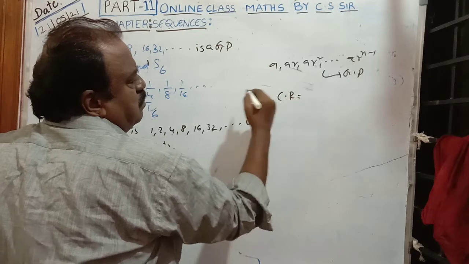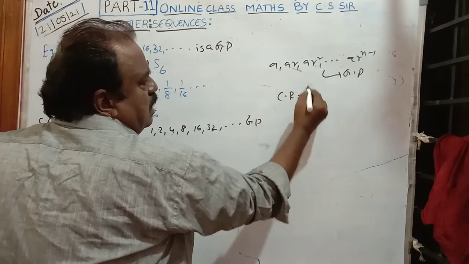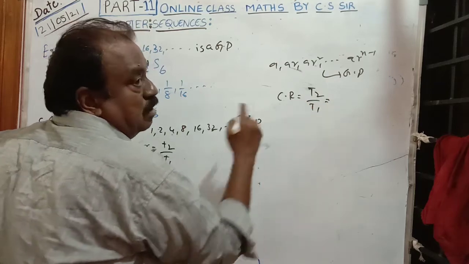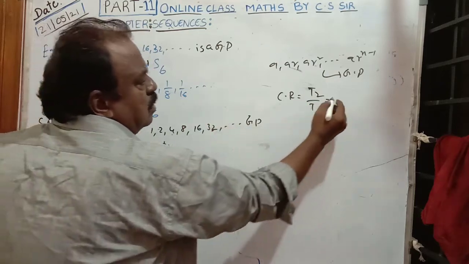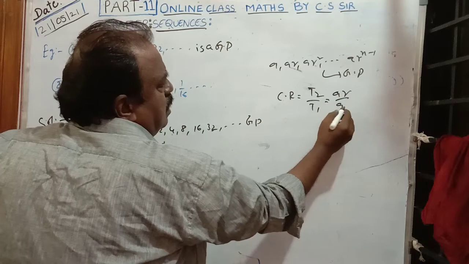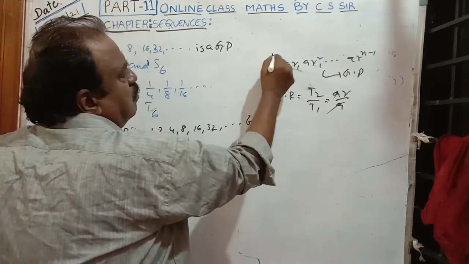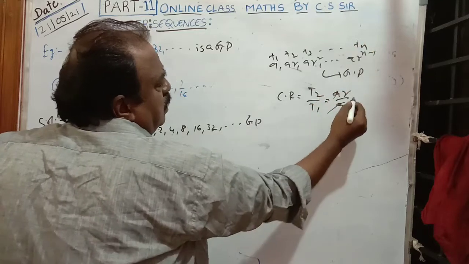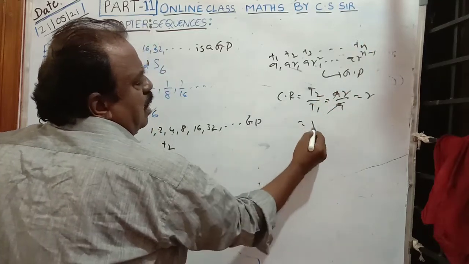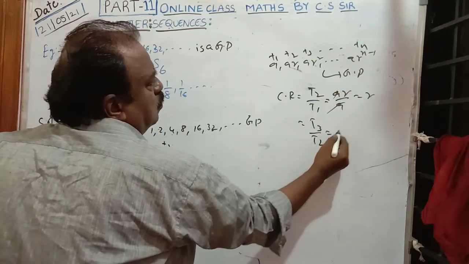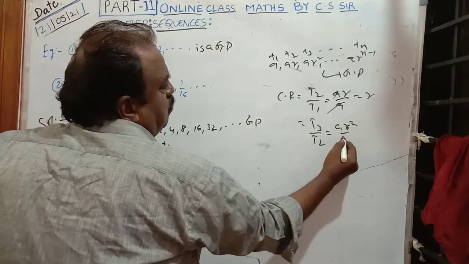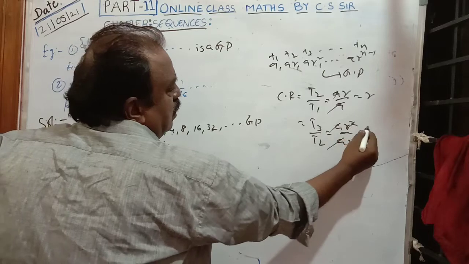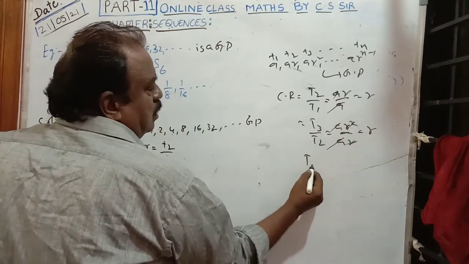It can be T2 by T1, that is AR by A, which is R. Or otherwise T3 by T2, AR square by AR, which cancels, and again we get R.